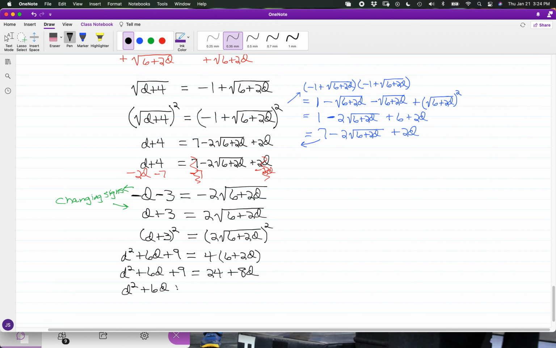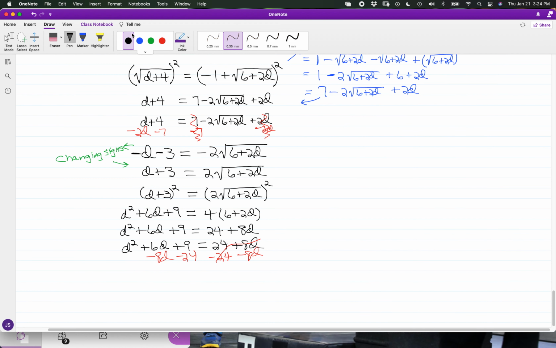And if I rewrite this equation in standard form, okay, so I'm going to take both 8D and 24 away from both sides. So we have D squared minus 2D minus 15 is equal to 0.